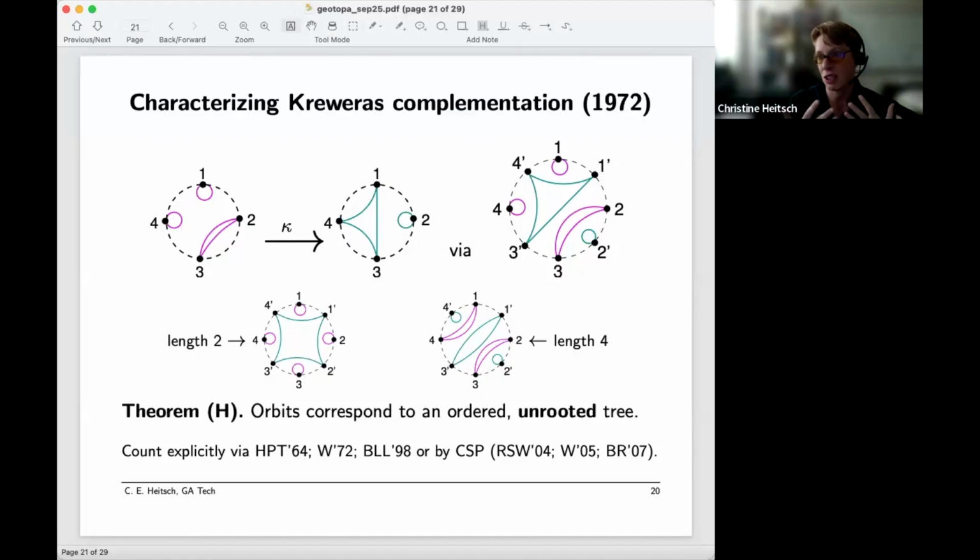That made it difficult to enumerate how many orbits there are under this operator, because it's not an involution, and what the size and structure of the orbits are. But if we think about it in our tree version, we realize all we're doing is rerouting the tree. The Kreweras complementation operator is exactly just changing where the root is on the tree by 1 index. And so that means the orbits can be counted by leveraging either standard methods or the cyclic sieving phenomenon that Reiner, Stanton, and White developed.